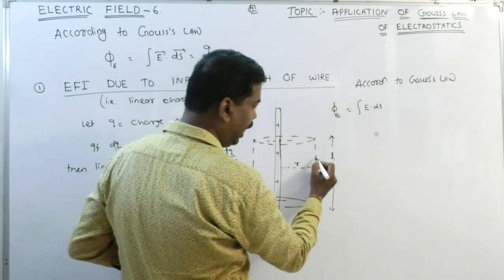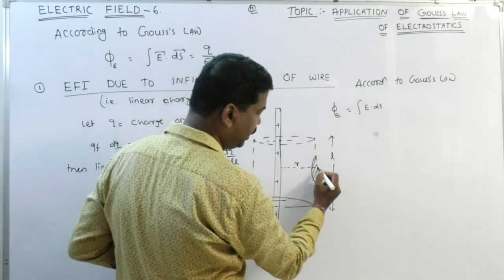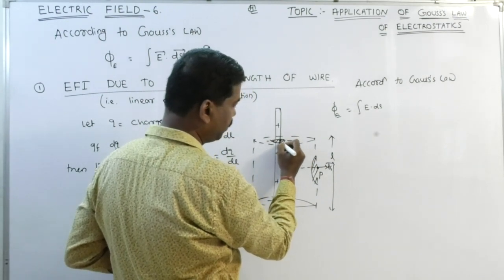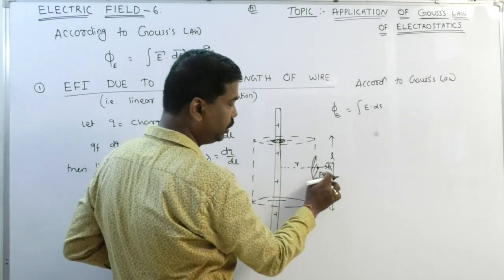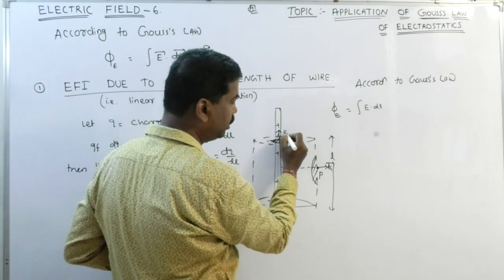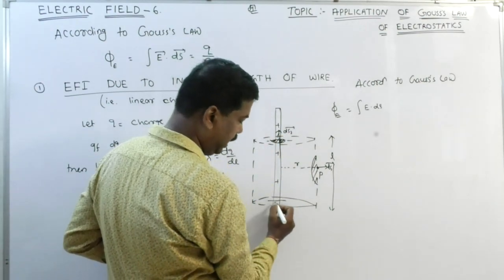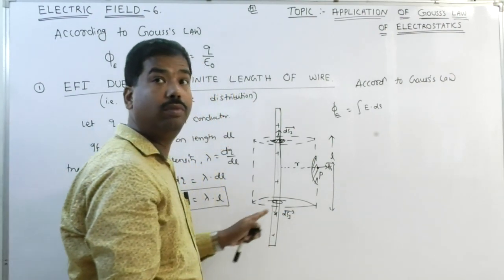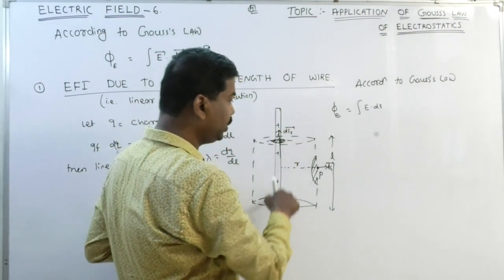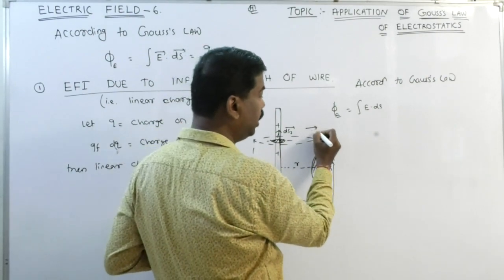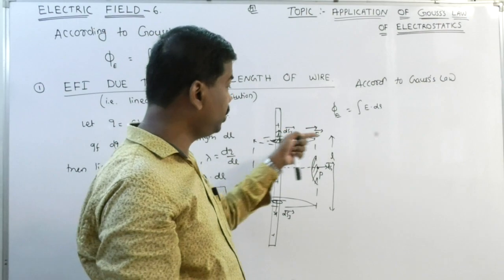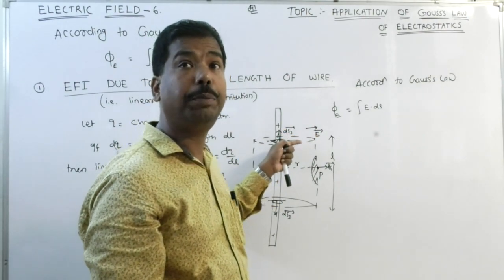Okay. So let this curved surface be ds1, the top one ds2 and the base one ds3. Clear? But this is positive charge and electric field always moves away from the positive charge. So electric field is directed away from the positive charge.